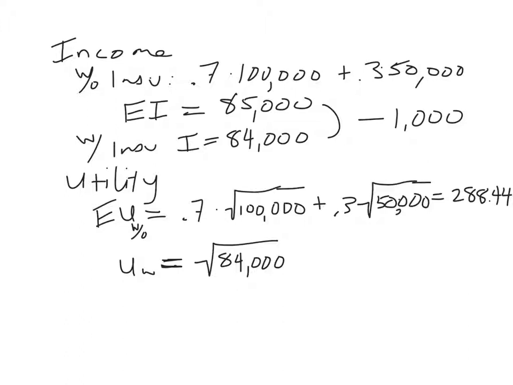Her utility is simply the square root of 84,000, and that turns out to be 289.83. And so notice that her utility has gone up by 1.39 utils.